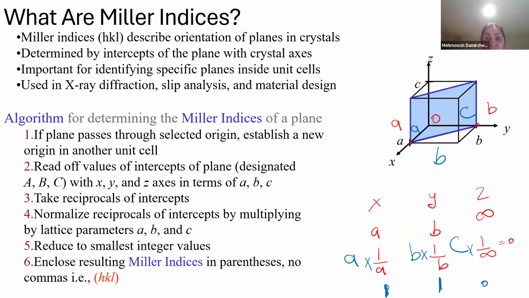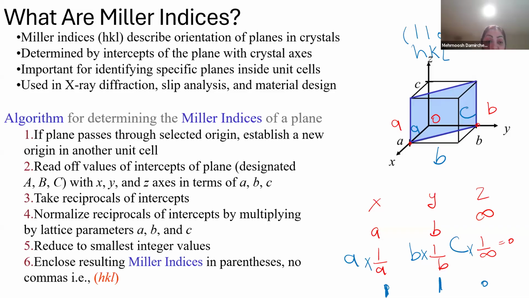So for this specific plane, it is 1, 1, 0, where 1 is H, 1 again is K, and 0 is L.